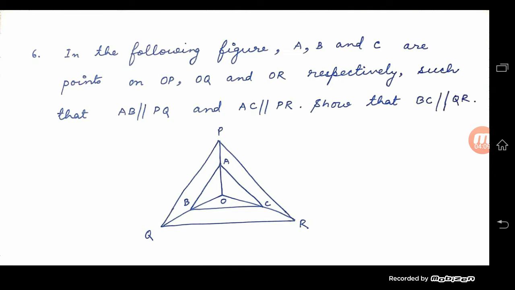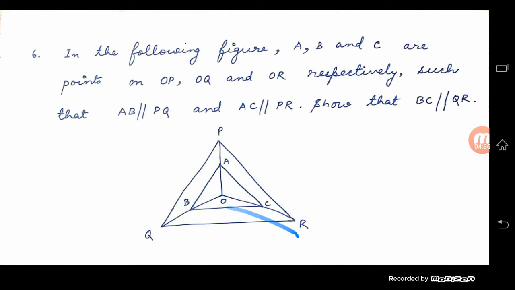In this question you have two triangles, one outside and one inside. There you have 3 points A, B and C. A, B and C are points on OP, OQ and OR. So these 3 points are on these lines.